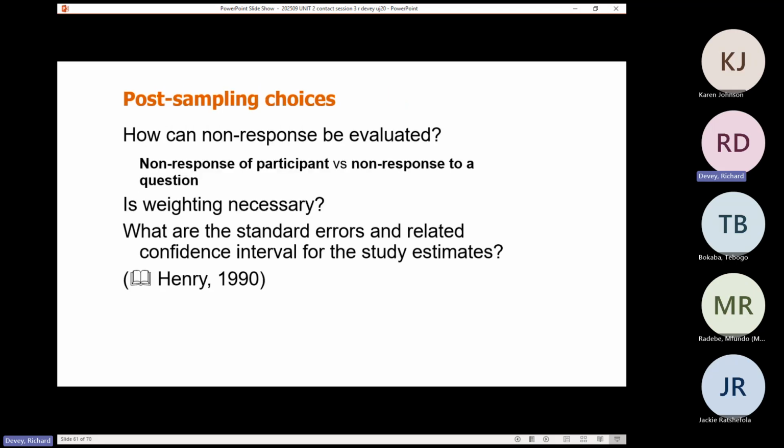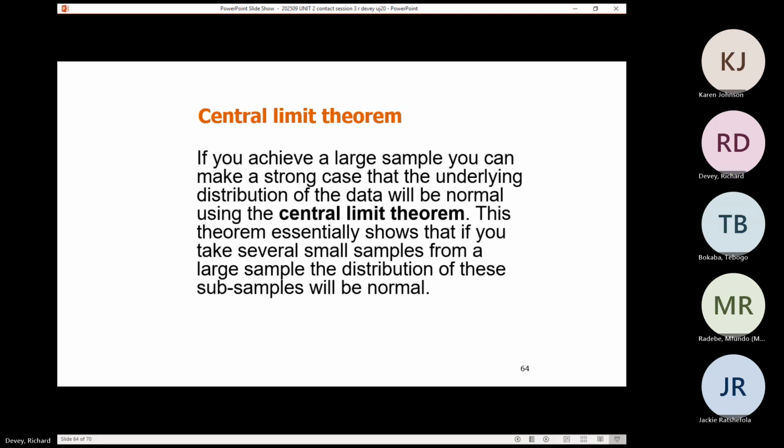If you obtain a very large sample, there's something called the central limit theorem, which is, if you have a very big sample, let's say 100 cases or 200 cases, and you take small samples from that large sample, those small samples will have a normal distribution. There's a nice exercise in one of the books that I have. I think it's from the medical statistics book, where they demonstrate that effect.